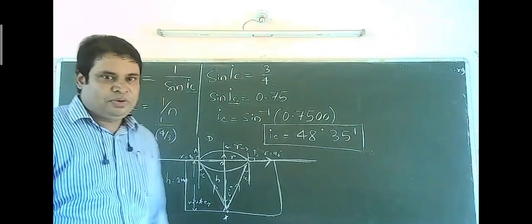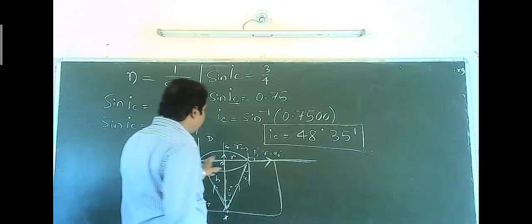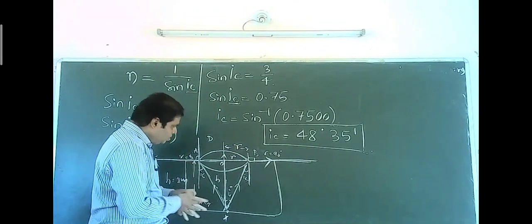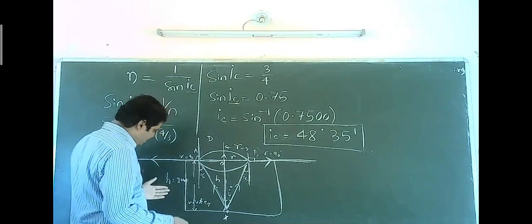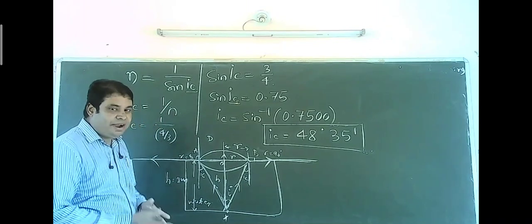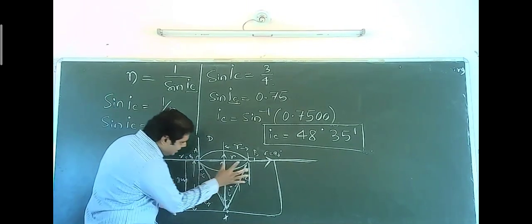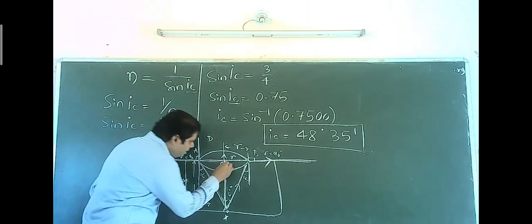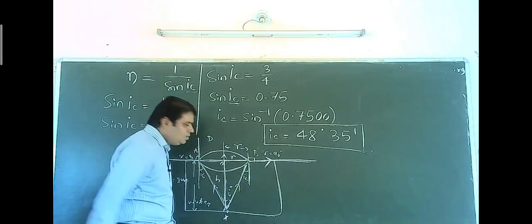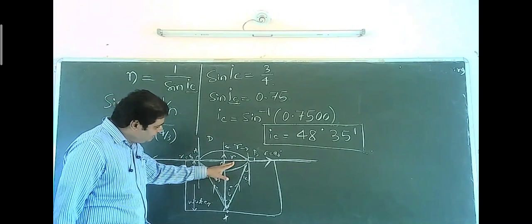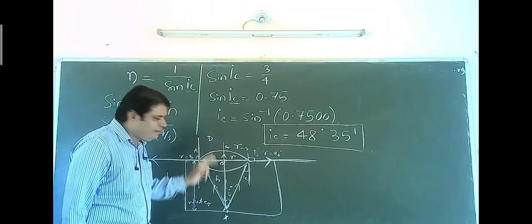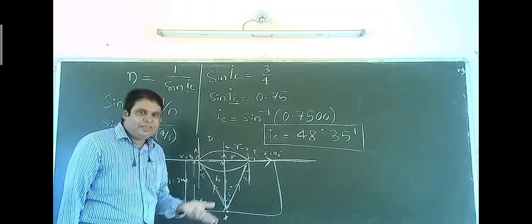Second part, what do you want to calculate? You have to calculate the diameter. One more value is given, h. I forgot to mention, the height is also given. We want this value r. If you know r, you can double it, and you get the value of d, which is the diameter.